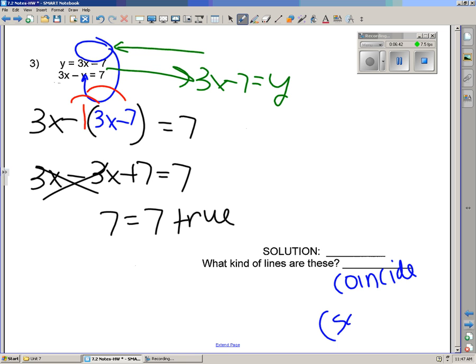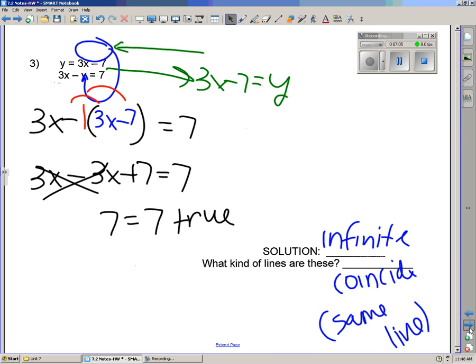They're basically the same line. And we learned from graphing that if lines coincide, it's not just that there's one point of intersection, but all points are points of intersection, so there are infinite solutions. The solution is infinite. They're all solutions.